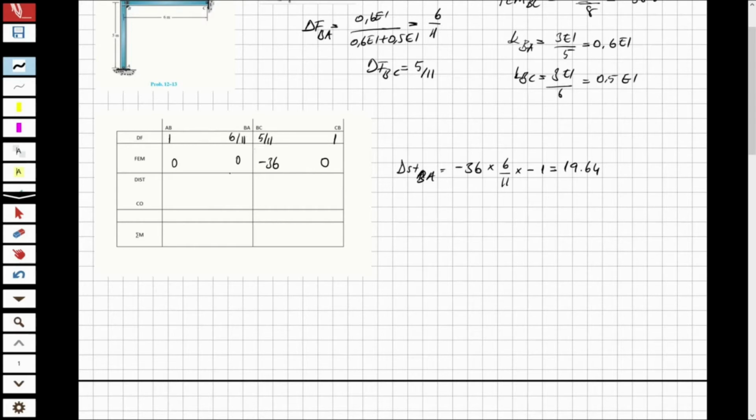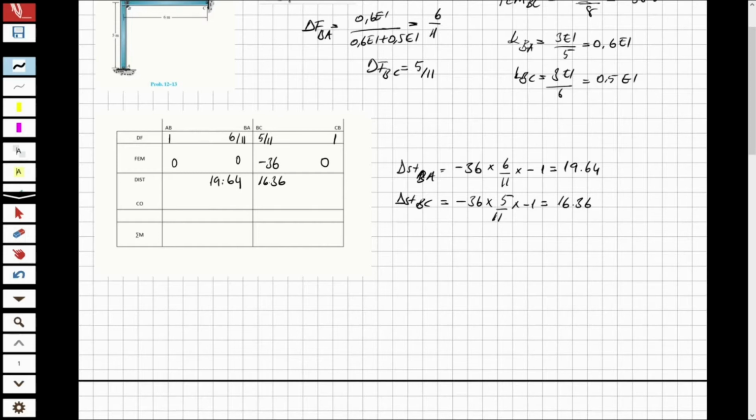And distribution BC, that will be minus 36 times 5 over 11 times minus 1, and that will be equal to 16.36.